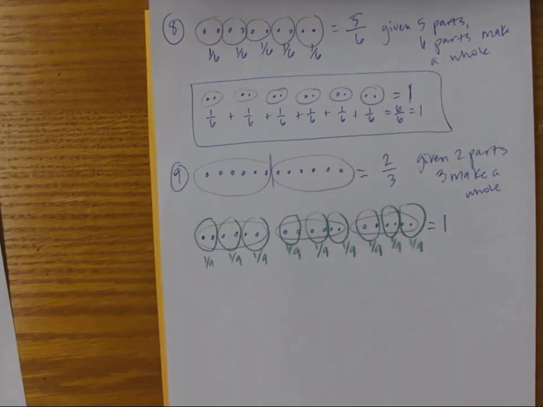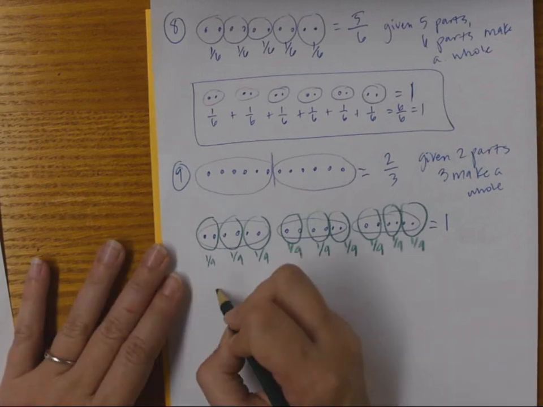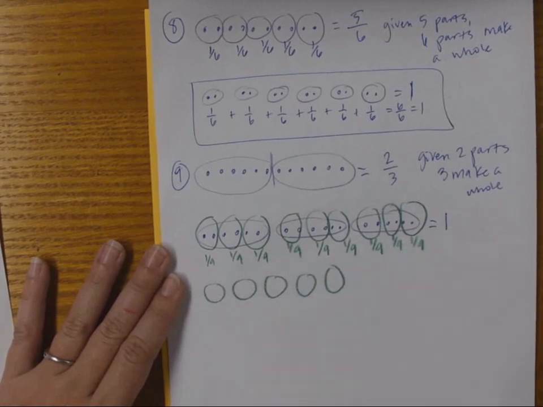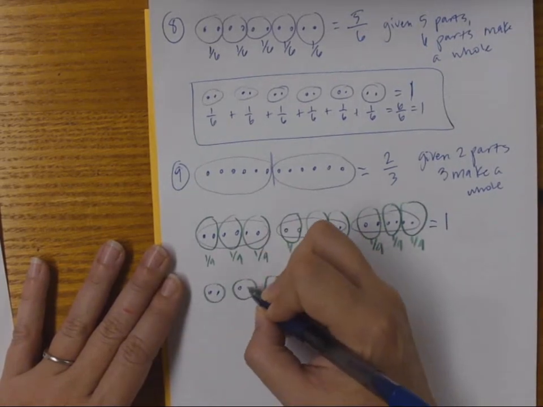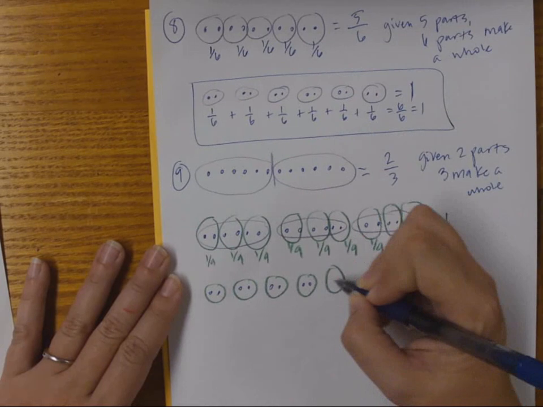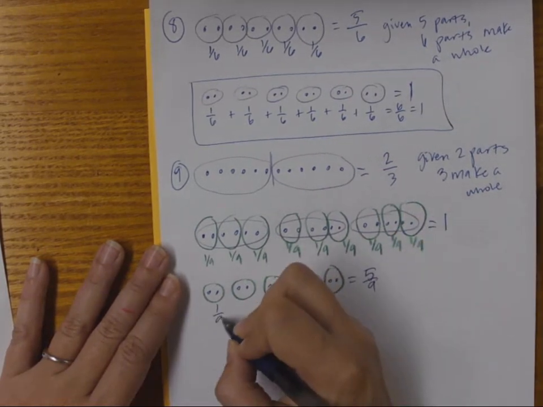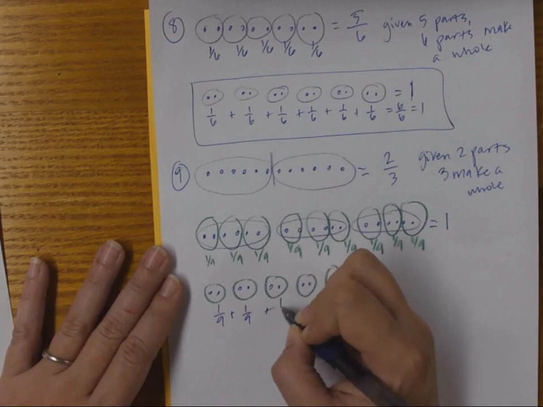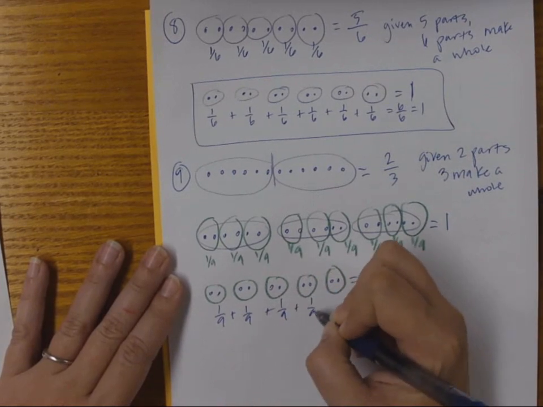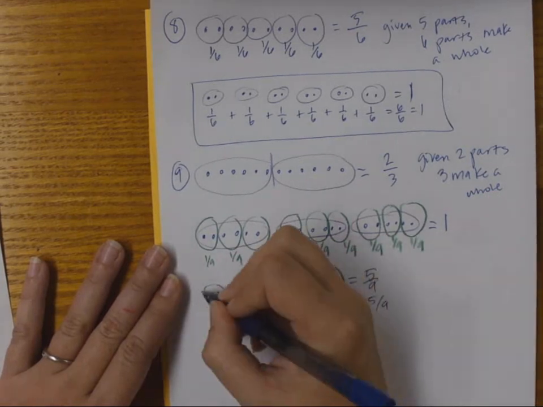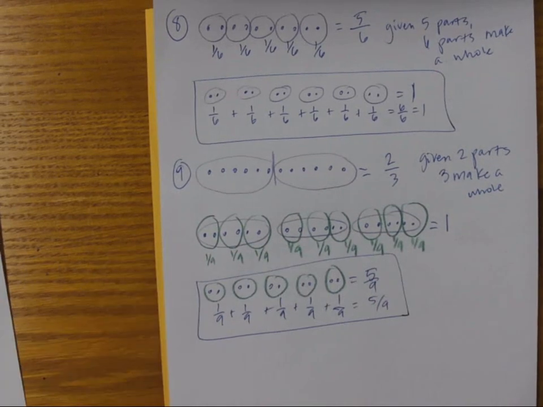My answer, it asked what is 5/9? Well, 5/9 would be 5 of my circles of ninths. There are 2 dots in each circle. So this is 5/9 because 1/9 plus 1/9 plus 1/9 plus 1/9 plus 1/9 equals 5/9. And that's my answer.